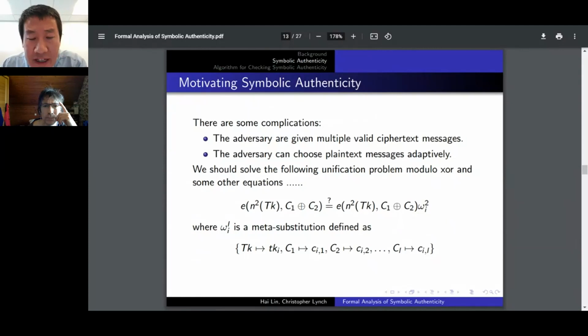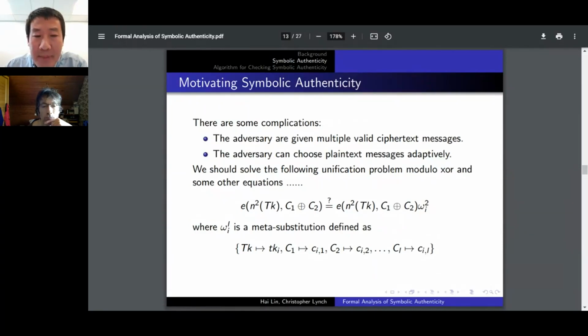So this unification problem says that on the left-hand side, again, we have the tag of some message that the adversary tries to forge. But on the right-hand side, we have this meta substitution omega I L. So intuitively, omega I L corresponds to the I-th ciphertext message that the adversary receives from the oracle.